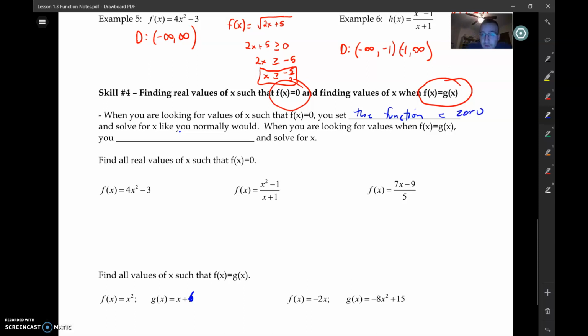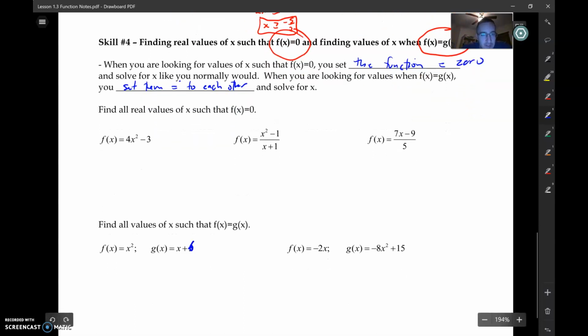And when you're looking for values when one function is equal to another function, you set them equal to each other and solve for x. Okay, so if you want to know when something's equal to 0, set it equal to 0 and solve using your algebra skills. And if you want to know when two functions are equal to one another, set them equal to one another and solve for x using your algebra skills.